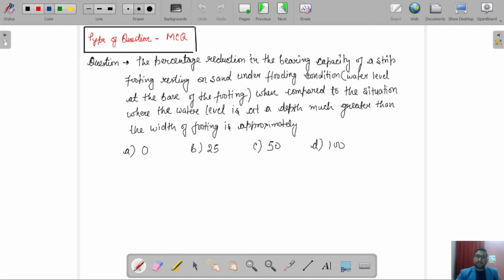Not to the ground level, it is given up to the base of the footing. So water table rises up to the base of the footing.